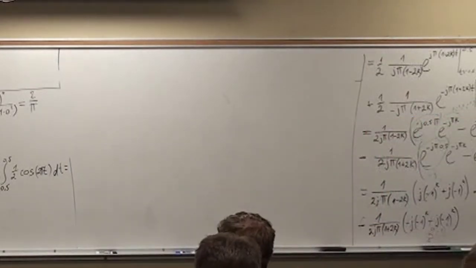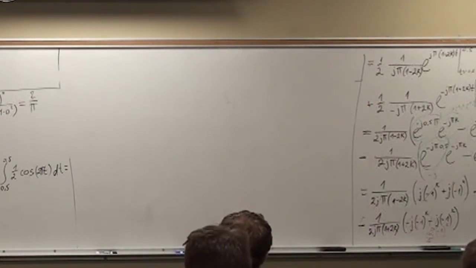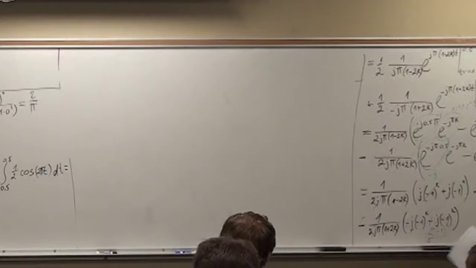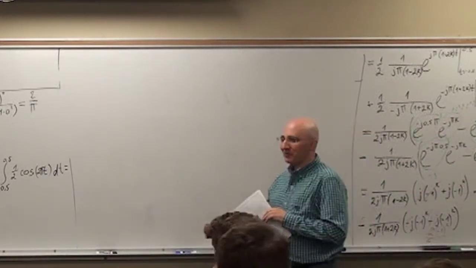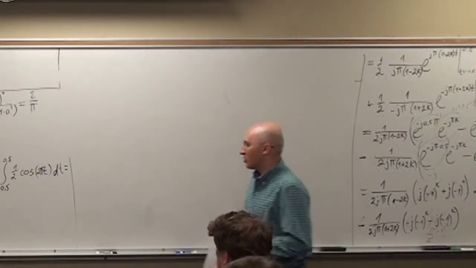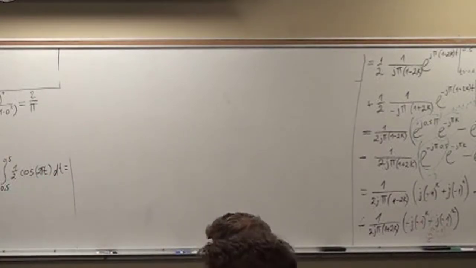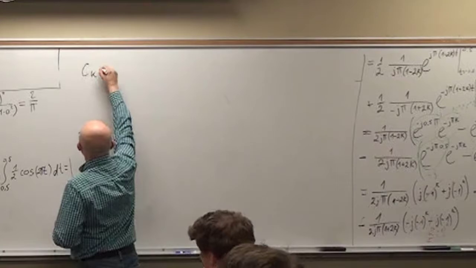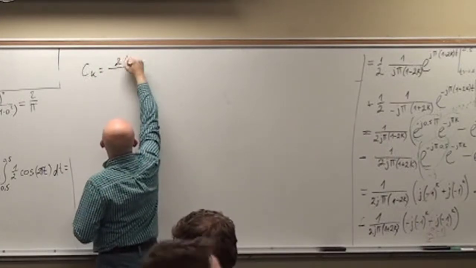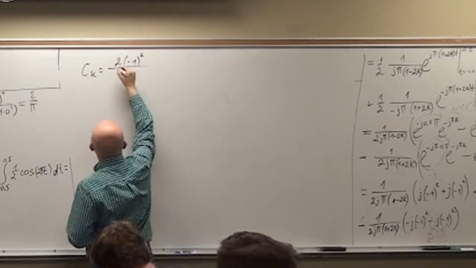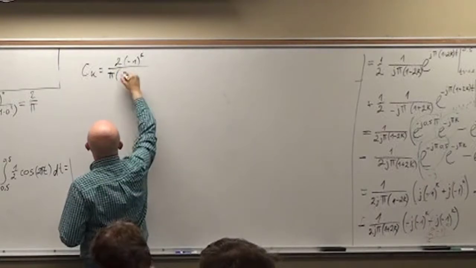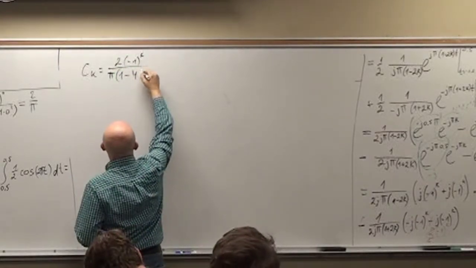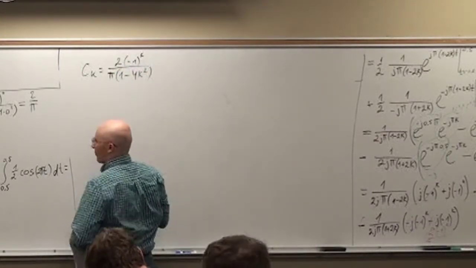Okay, how about computing the spectrum? This part is fun. The spectrum is the absolute value of that thing, and you want to plot it. We found that ck equals twice minus 1 to the k divided by pi times 1 minus 4k squared.